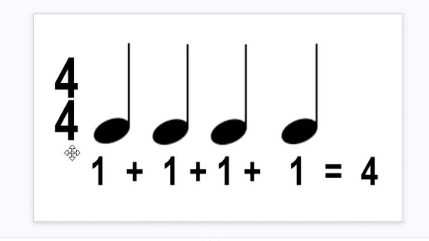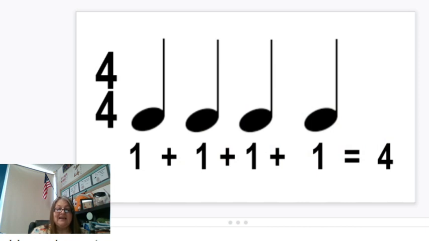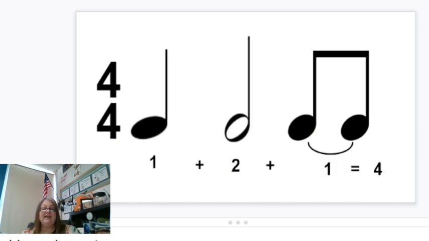Clap it or play it with me. Ready, go. Ta, ta, ta, ta. Let me change this over just a little bit so you can see me. All right, let's do the next one. Ready, go.